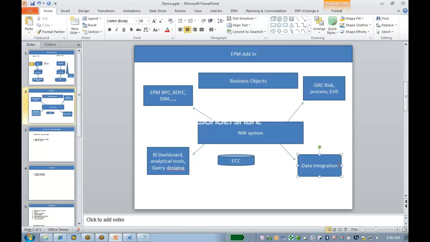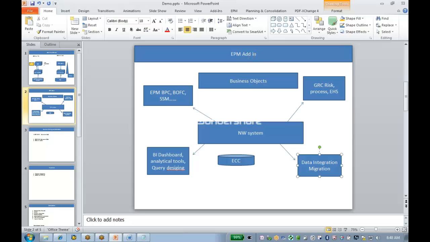Data integration is basically for migration. If I want to move non-SAP system data to SAP, then I can use this data migration tool, BODS. We call it data integration. For this, we use BODS, Business Objects Data Services. So these are the things available in business objects.